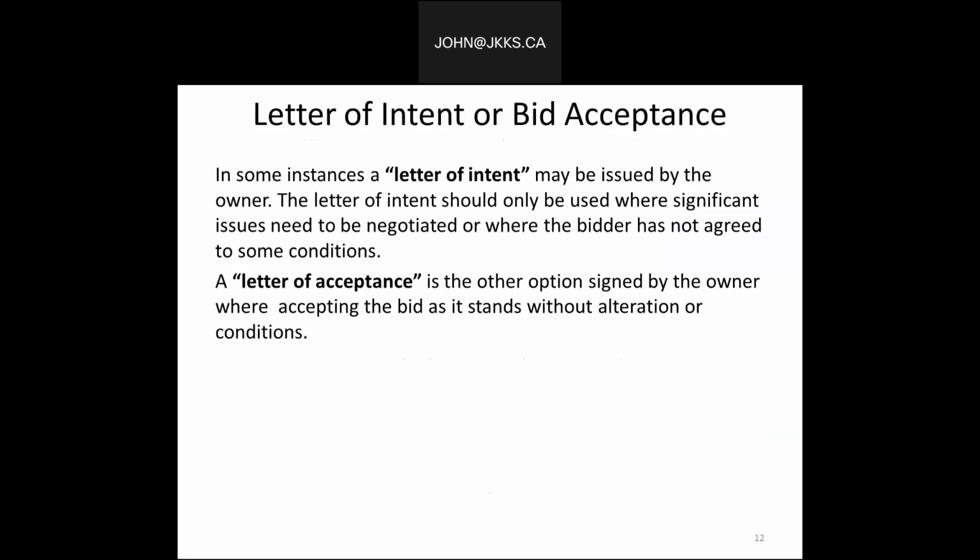On the other hand, a letter of acceptance is the other option, signed by the owner, accepting the bid as it stands without any alteration or conditions. So this communication to the proposed successful bidder may take the form of a letter of intent or a letter of acceptance.